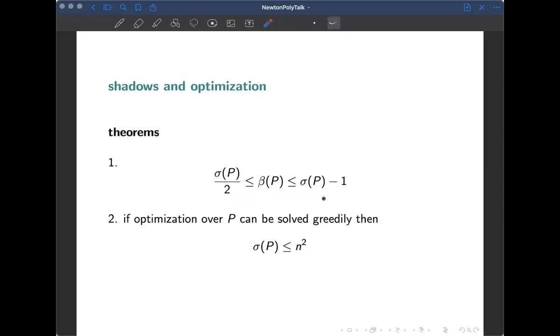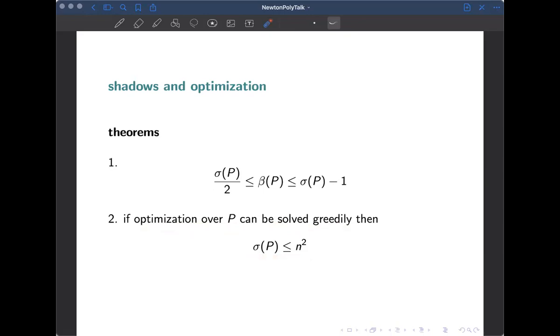And another is that the perspective of optimization allows us to prove upper bounds on the shadow complexity. So here is a rough statement. If the optimization problem over P, the one that we just described, can be solved via a greedy algorithm, then the shadow complexity of this polytope is small.